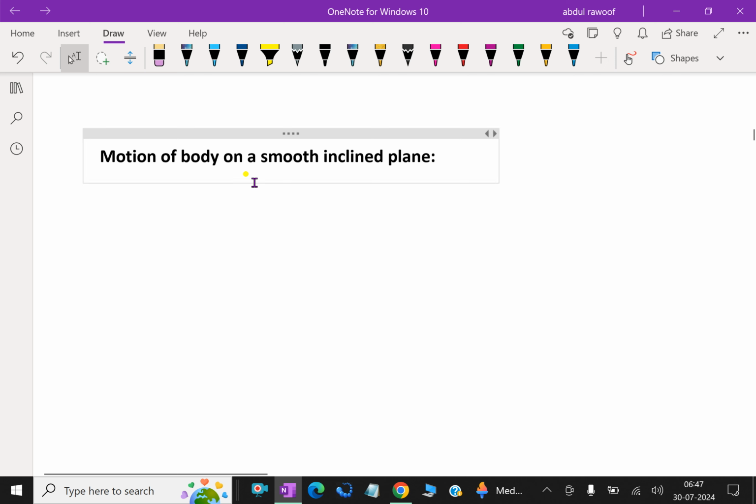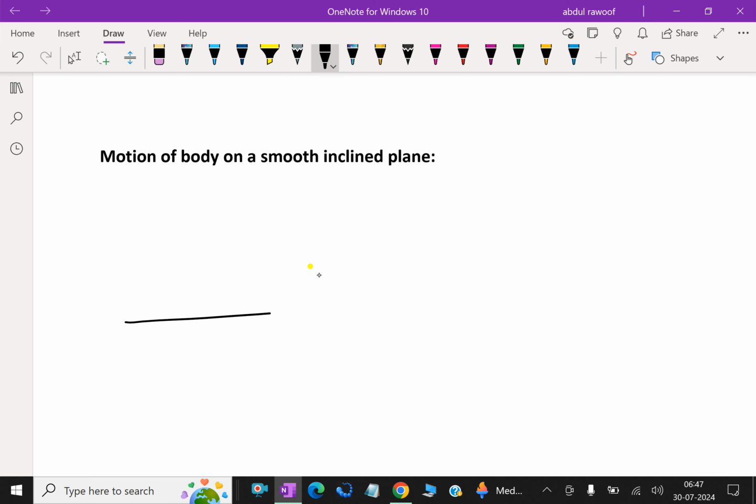Next, motion of a body on a smooth inclined plane. Look here, a body is on the smooth inclined plane. This is the normal reaction. Here this is mg, and the angle between is theta.